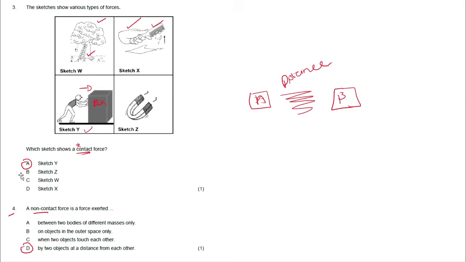Next, let's move to our next question, which is question 5. Question 5 says: which statement best describes the relationship between gravitational force and distance between the objects?